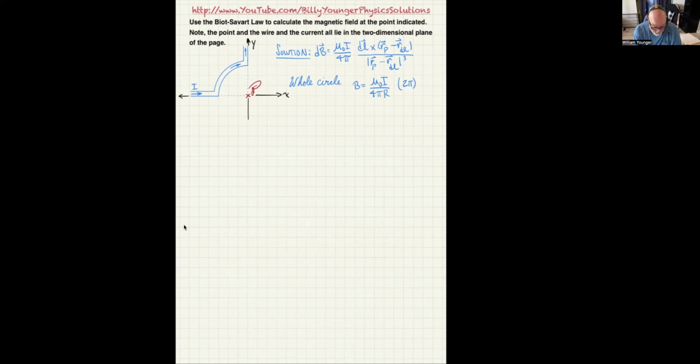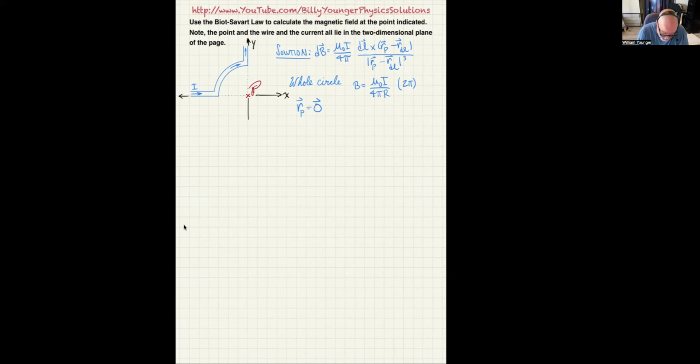Now you can see that the point P is really at the origin, so the resulting rp vector is just equal to the zero vector, because rp is supposed to point from the origin to the point at which we wish to know the magnetic field. By putting the origin at the point P, I've made rp into zero.